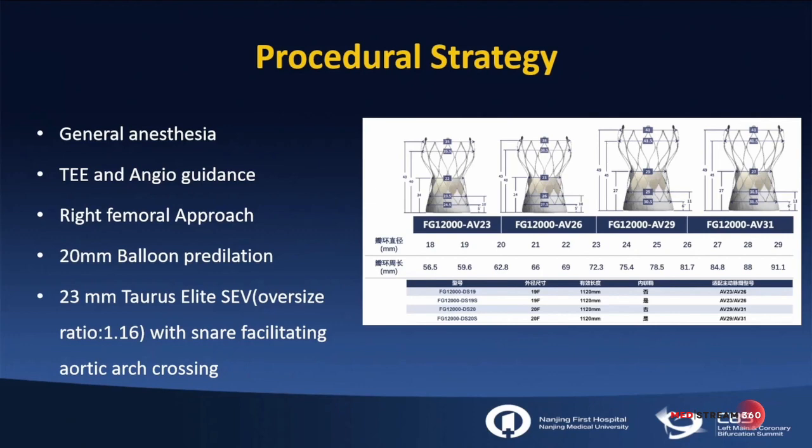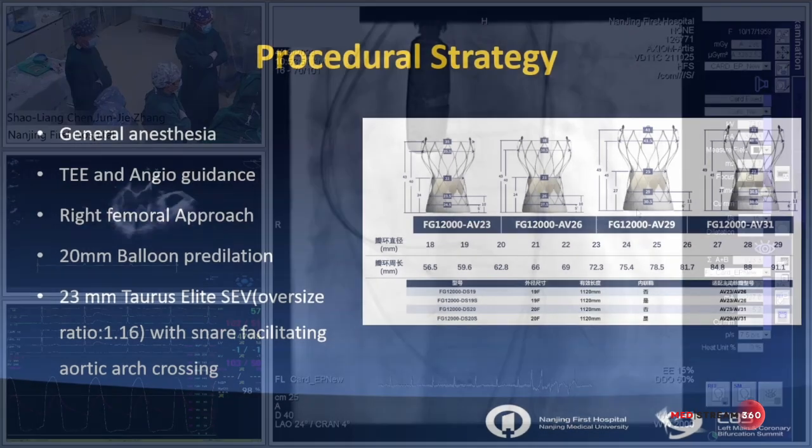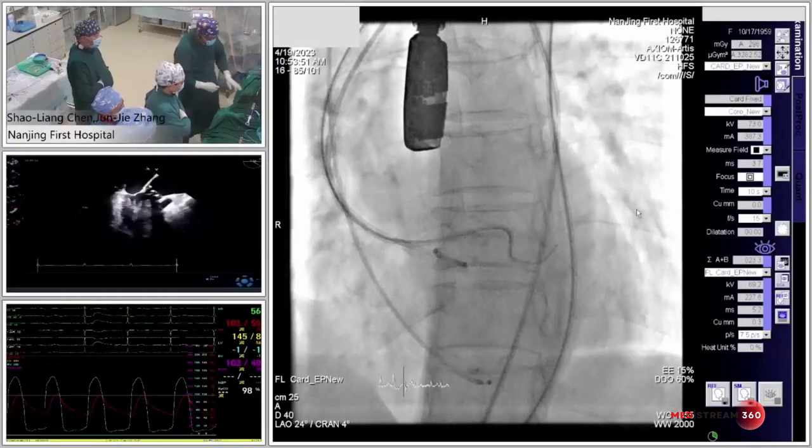We will use a 20 balloon to do the predilation, followed by a 23 millimeter Tonus Elite self-expanded valve. It's a domestic valve. Oversize ratio is 1.16, with a snare facilitating aortic arch crossing. Next step, let me show you.